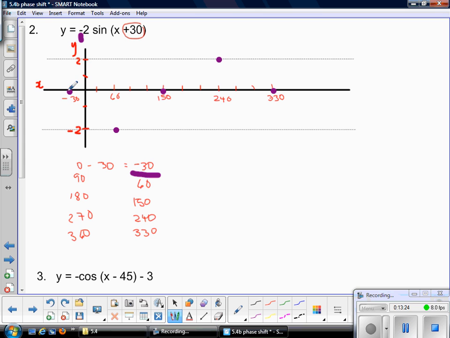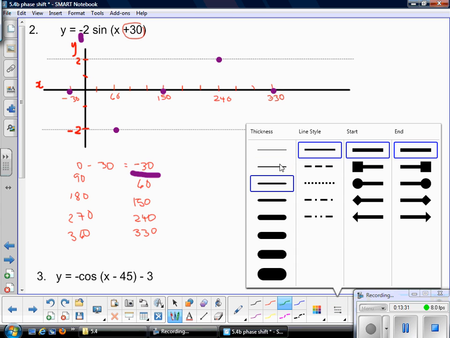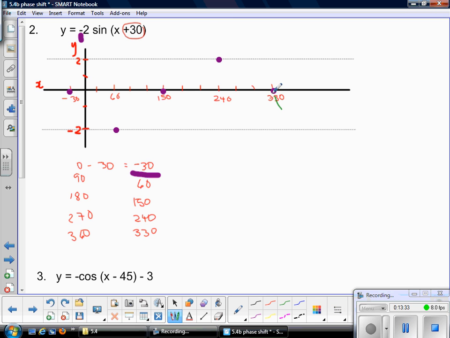And you can see if you've done it correctly, you'll have one period. So it looks like an upside down sine curve when we do that. And there we are.